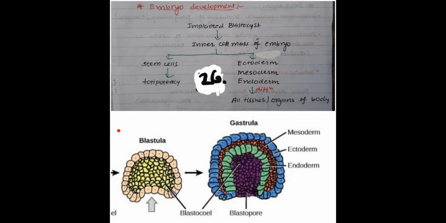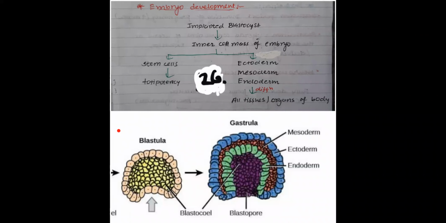In this transformation, the outer layer, that is the trophoblast, will not contribute at all in the embryo formation. I think I must have told you while explaining the trophoblast layer that it does not participate in the formation of the embryo.